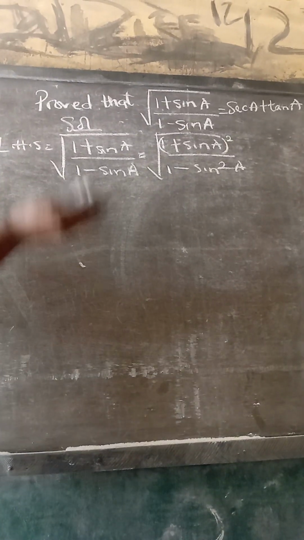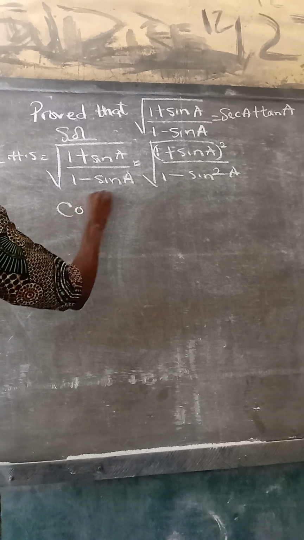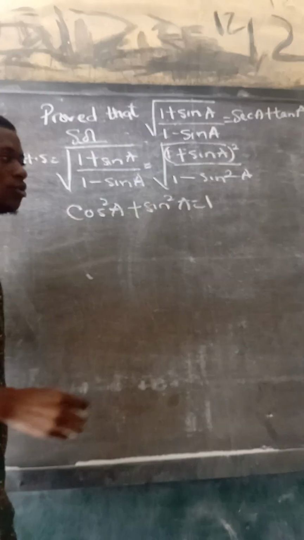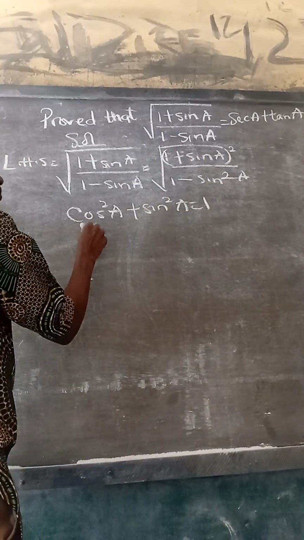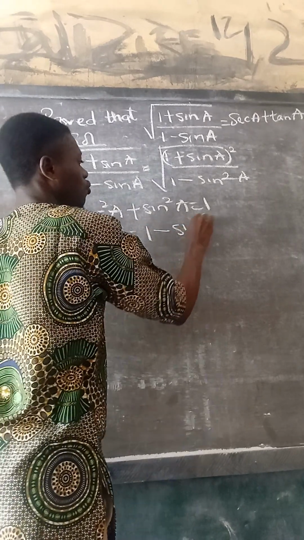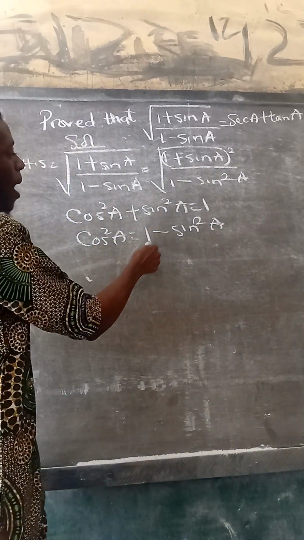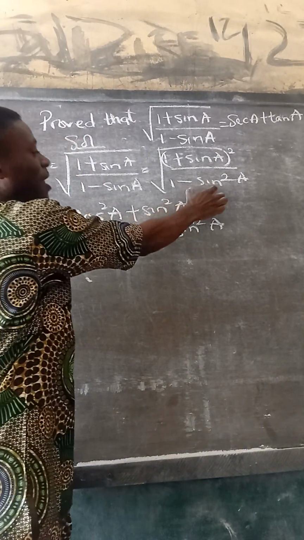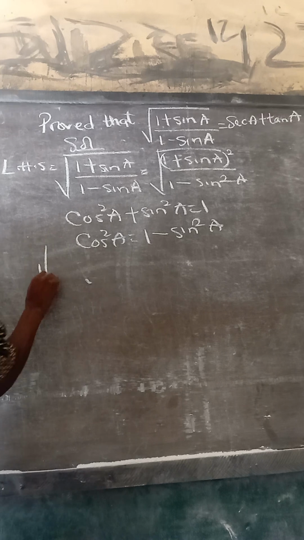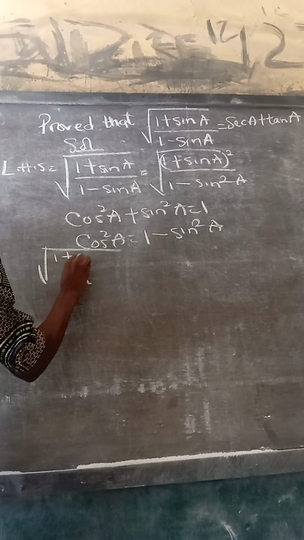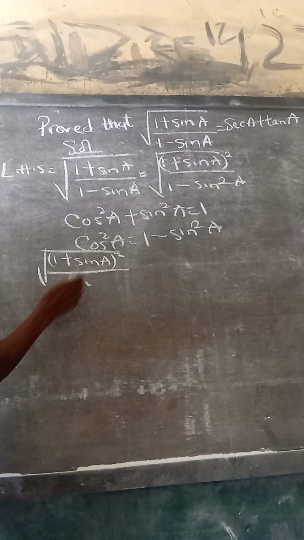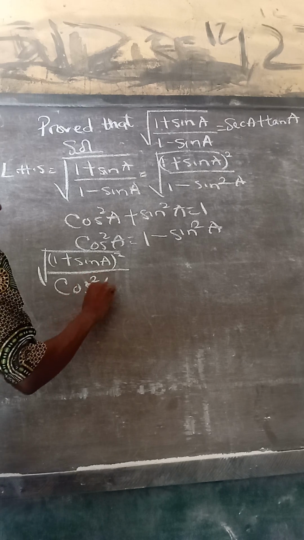Now we recall from our trig identities that cos squared A plus sin squared A equals 1. We bring this to the other side, and it becomes cos squared A equals 1 minus sin squared A. So 1 minus sin squared A is equal to cos squared A. In this case, instead of writing this, I'm going to plug in this. So we now have the square root of (1 plus sinA) squared over cos squared A.